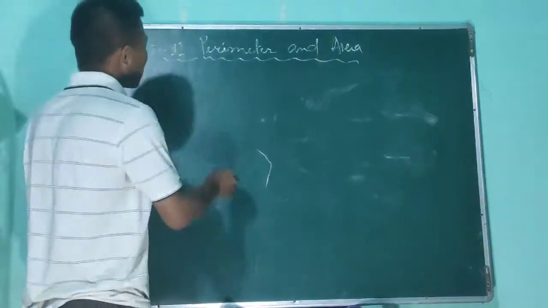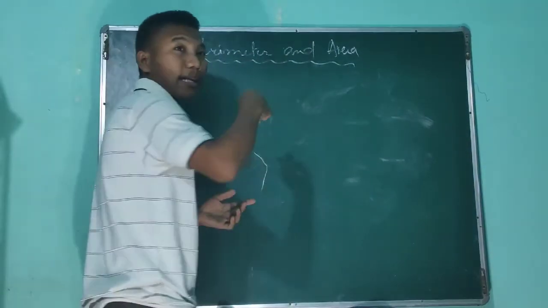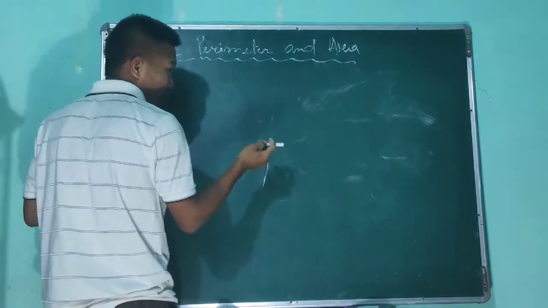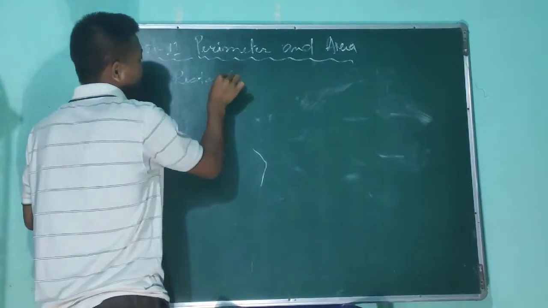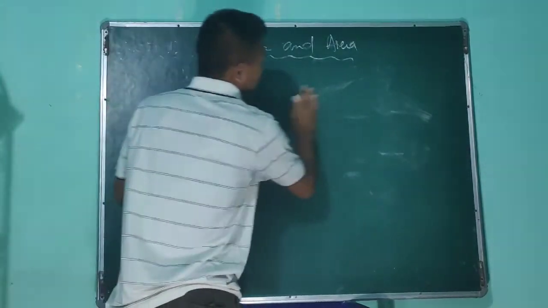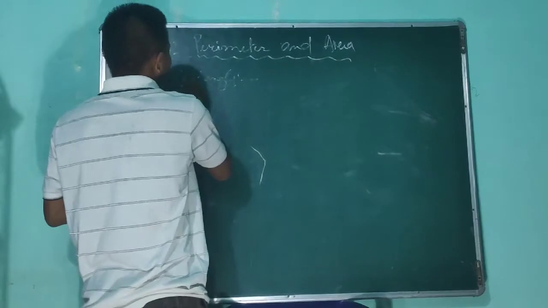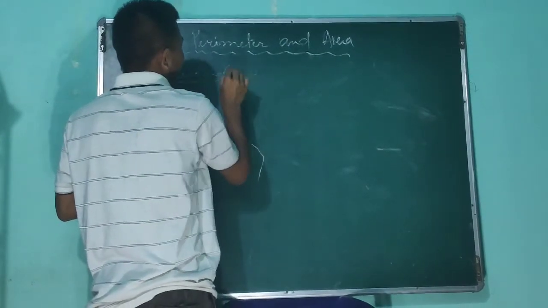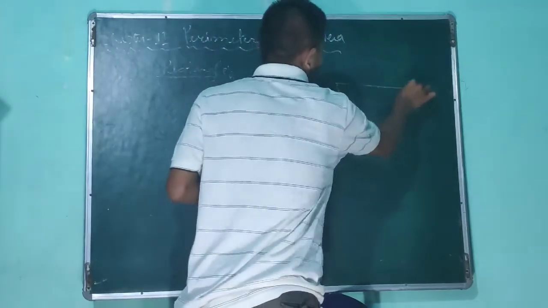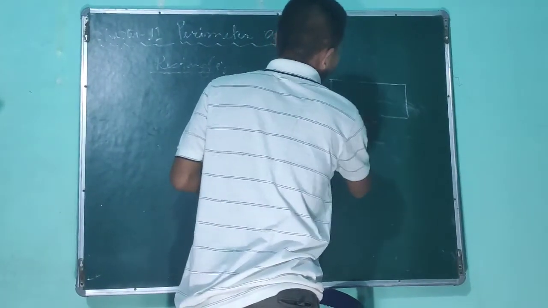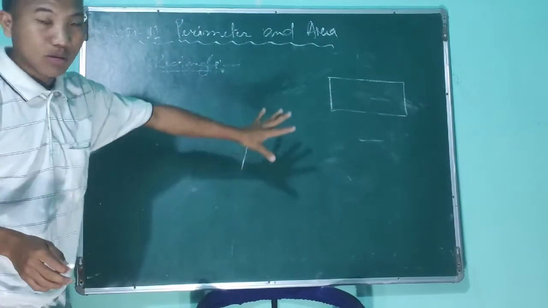Okay, now let us try to determine the perimeter and area of the next geometrical figure, which is the rectangle. You might have seen a geometrical figure resembling a rectangle, like a plank of wood. This blackboard is also actually a rectangular shape.